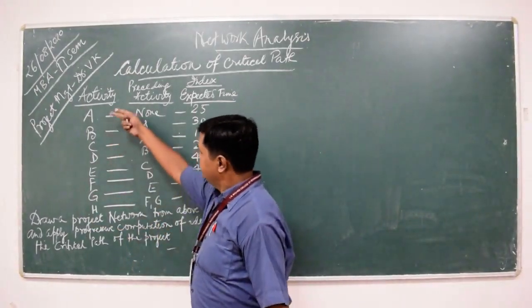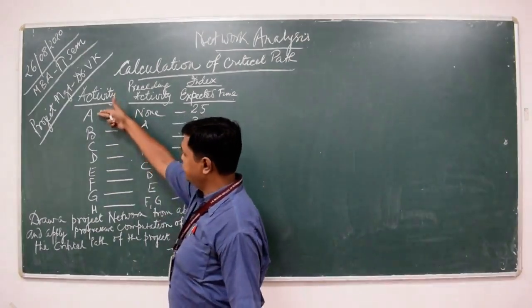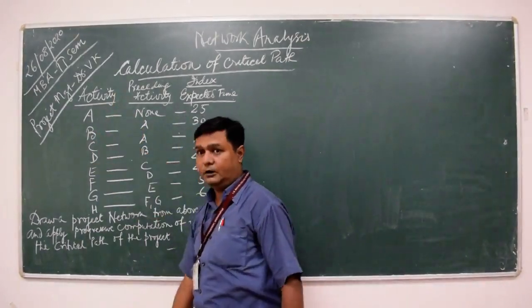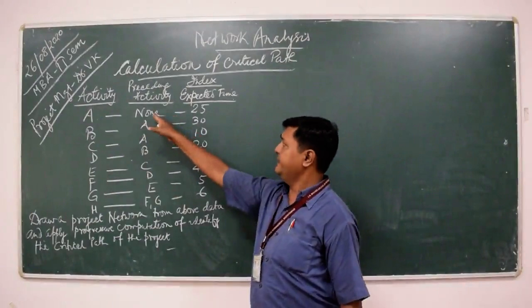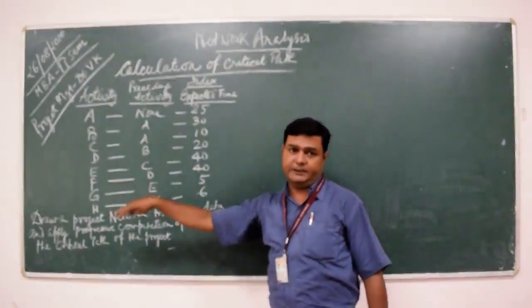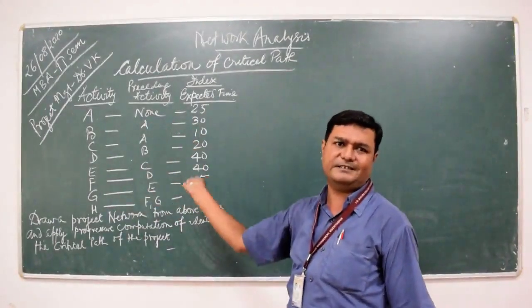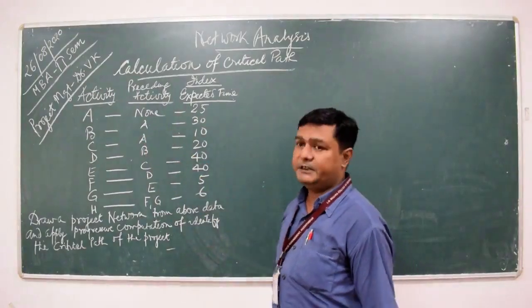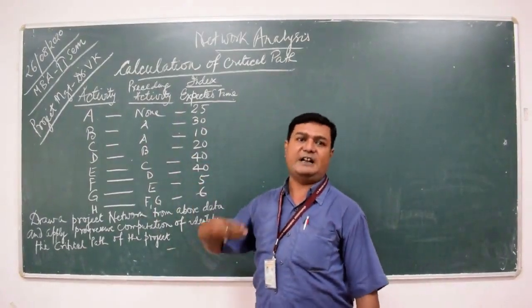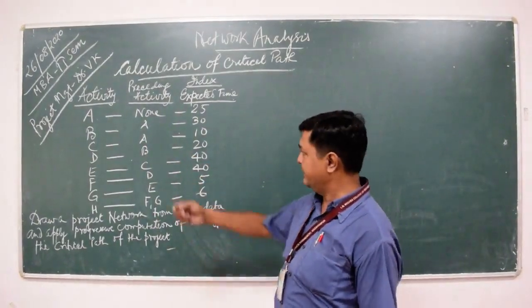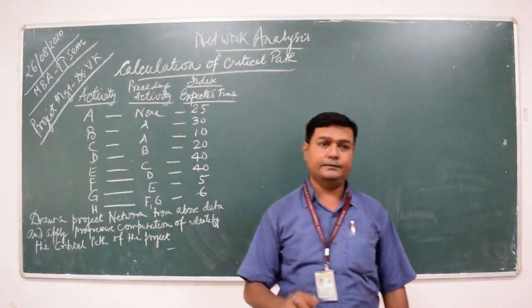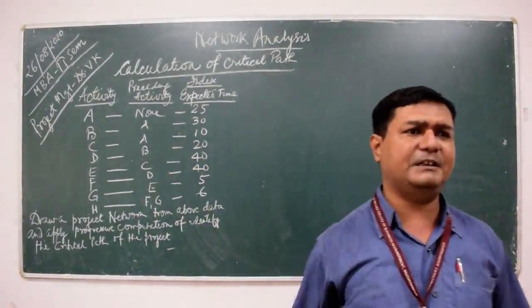Here we have the sequence of activities A, B, C, D and so on. Similarly, we have the preceding activity, which I told you about in the earlier class. Preceding means the activity which comes before an activity. Here, activity A has no preceding activity.